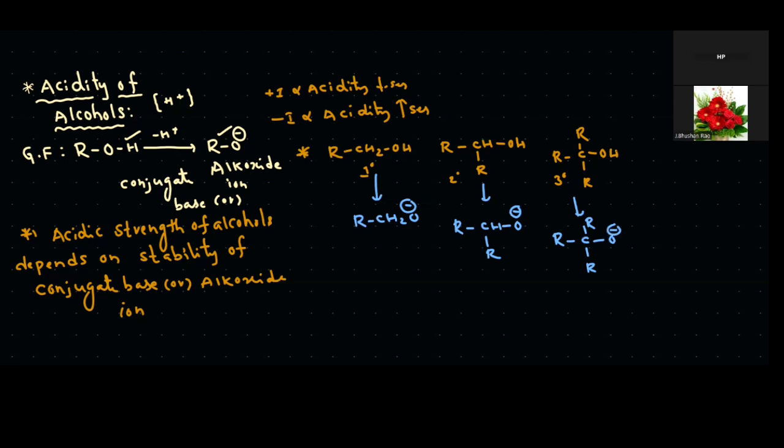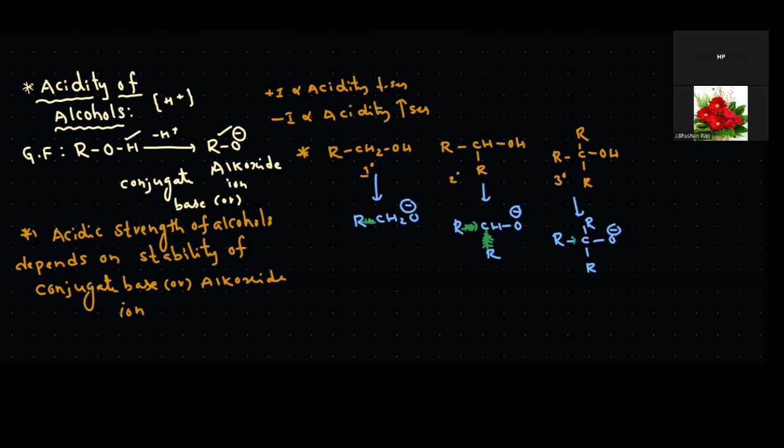In the first case, one alkyl group releases electrons towards the alkoxide. Here two alkyl groups are releasing electrons. In this case, totally three.